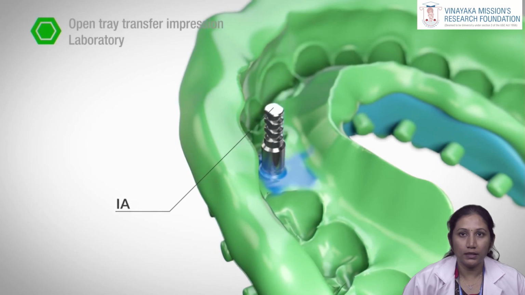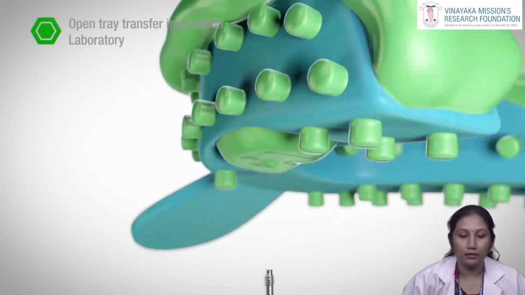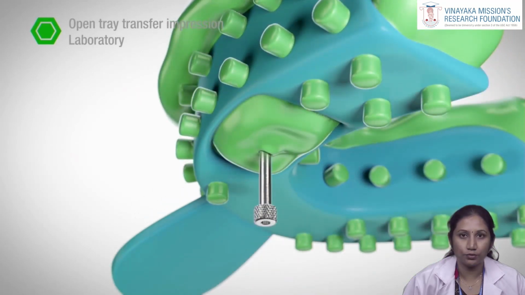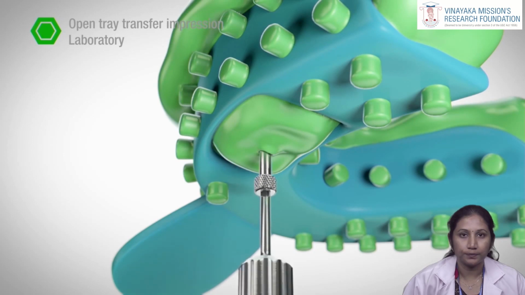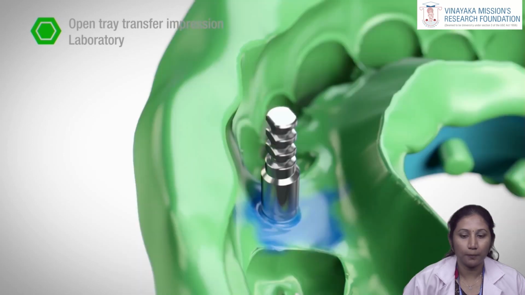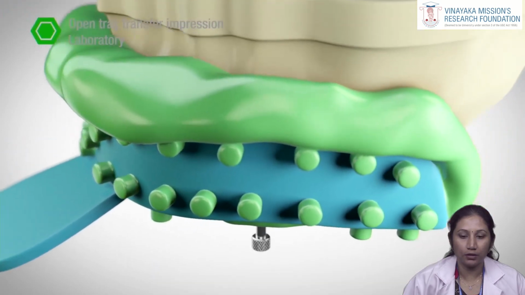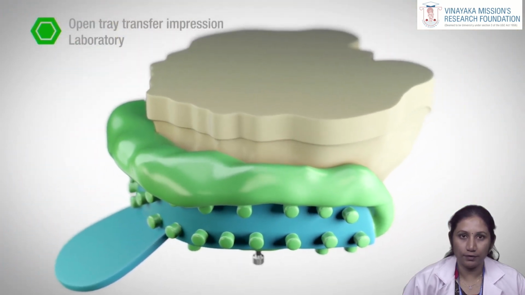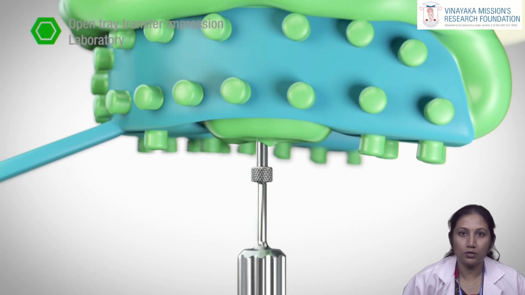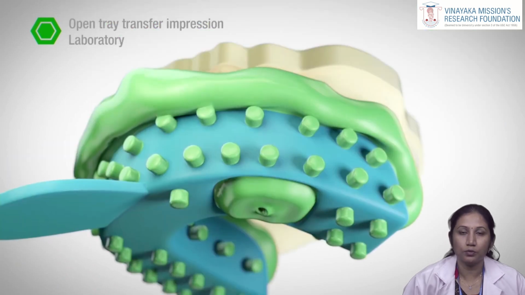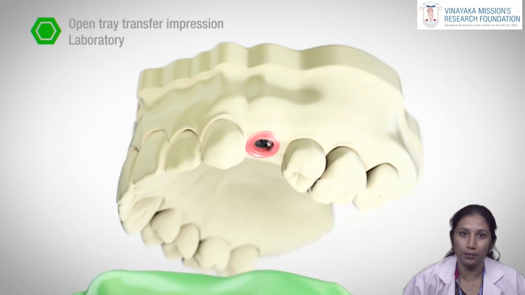The analog is then connected to the assembly using the long screw. A gingival mimic material is flown into the impression and the cast is fabricated. The long screw is again unscrewed to withdraw the cast from the impression.